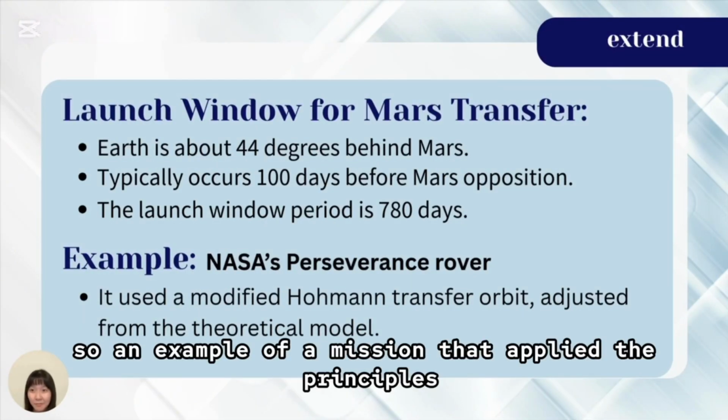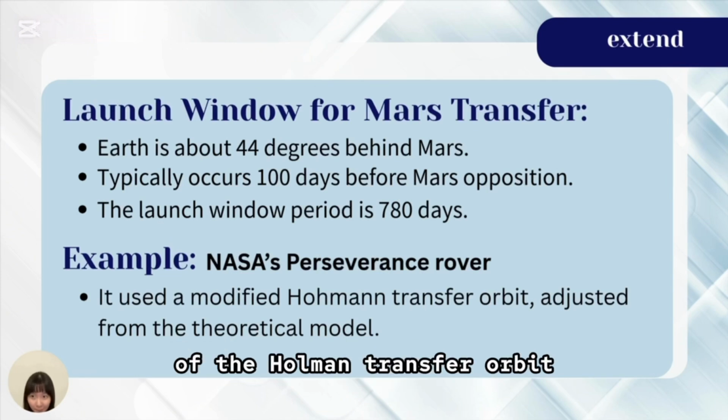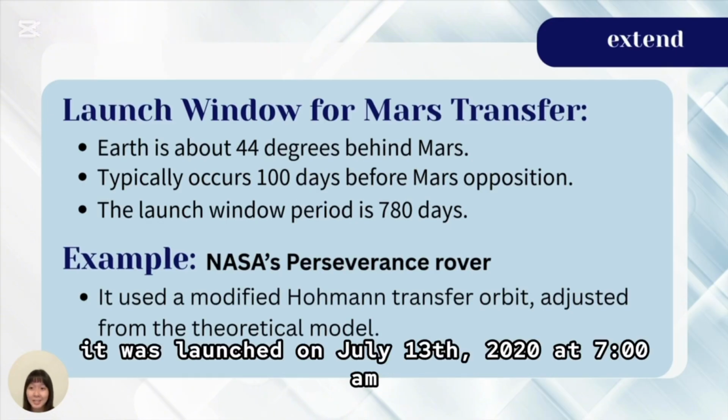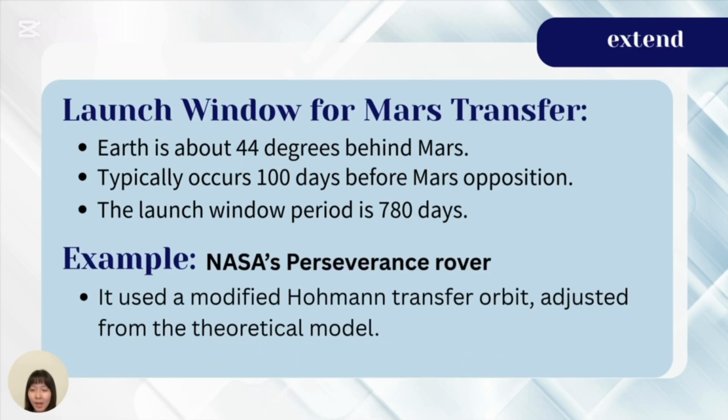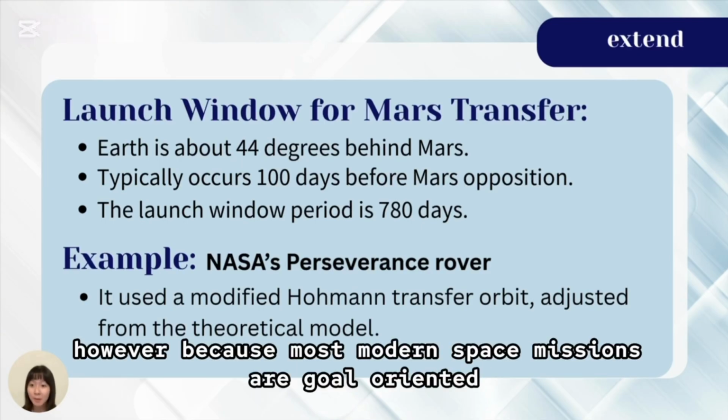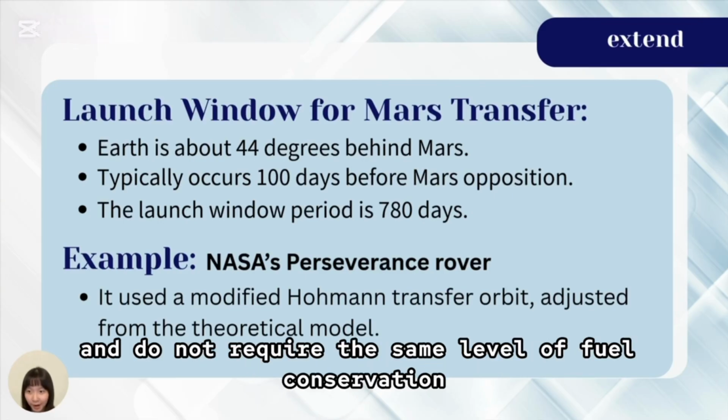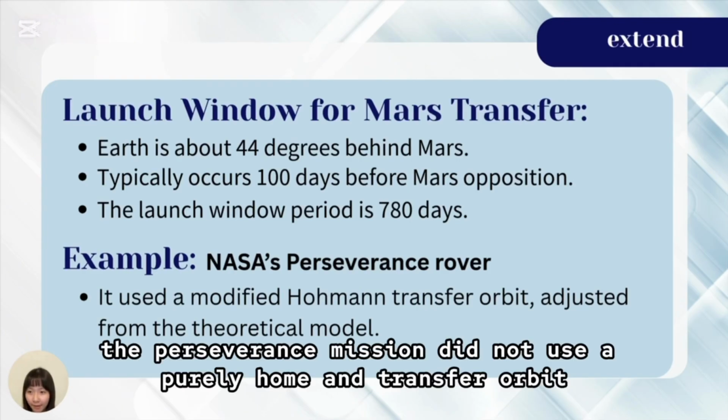An example of a mission that applied the principles of the Hohmann transfer orbit is NASA's Perseverance rover. It was launched on July 30th, 2020, at 7:50 a.m. during the launch window. However, because most modern space missions are goal-oriented and do not require the same level of fuel conservation, the Perseverance mission did not use a purely Hohmann transfer orbit.